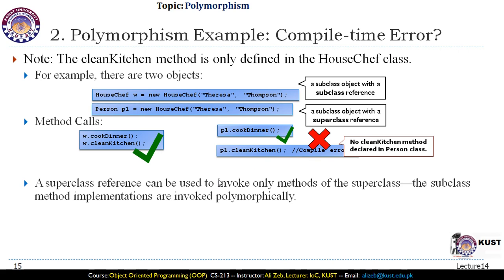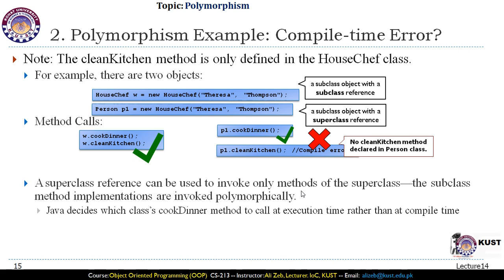A superclass reference can be used to invoke only methods of the superclass. The subclass method implementations are invoked polymorphically. And that means that, understandably, a superclass reference can only be used to invoke methods of the superclass.